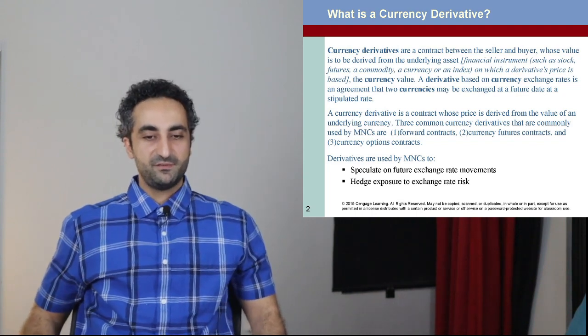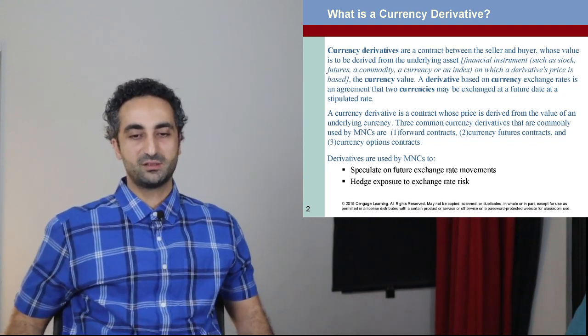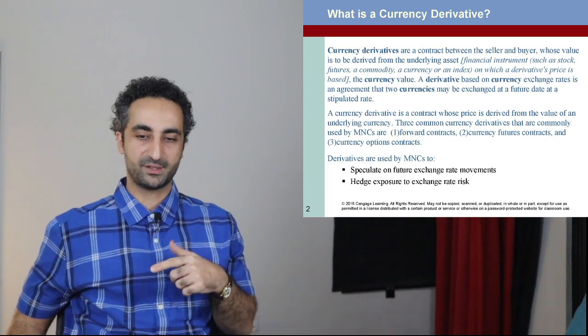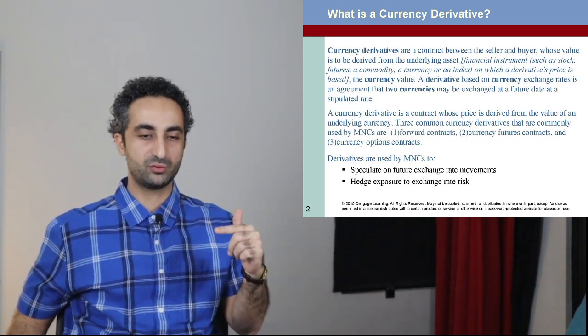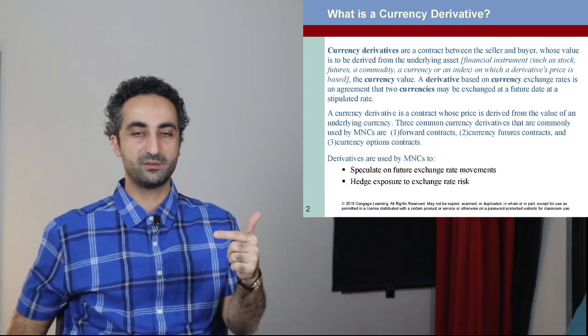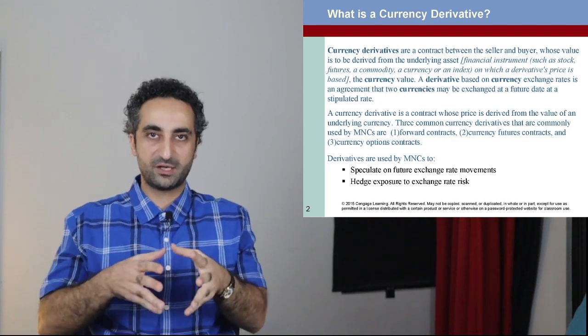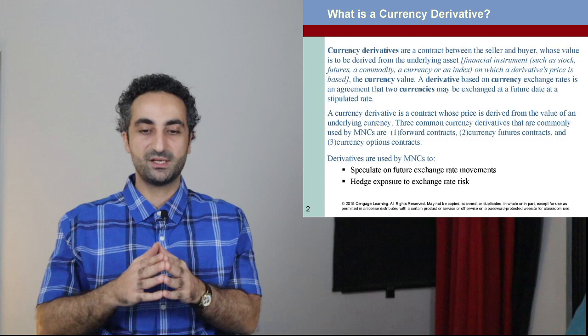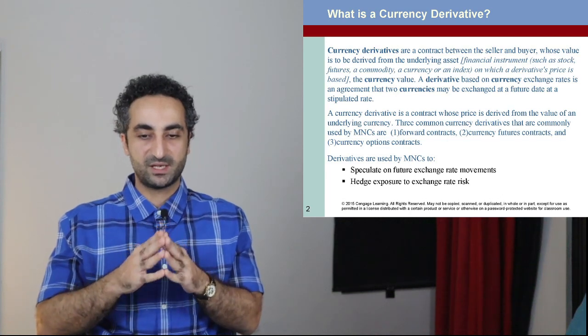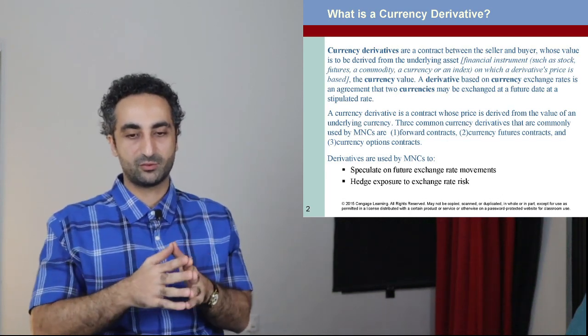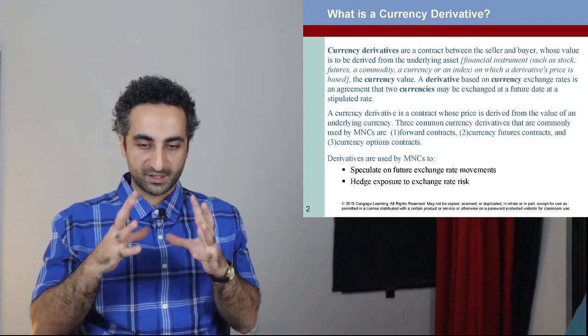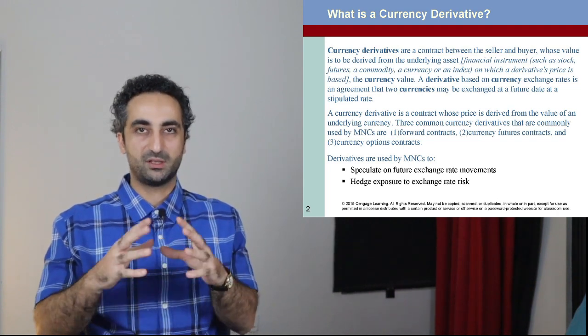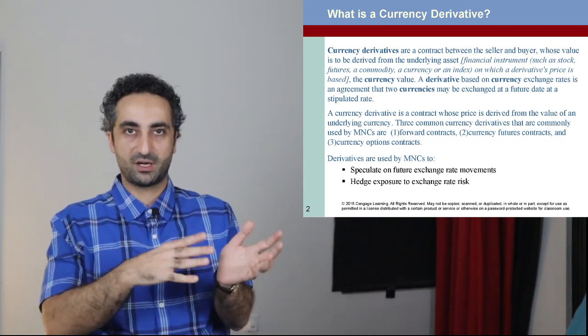Currency derivatives are contracts between seller and buyer whose value is to be derived from the underlying asset, not the value of it itself, but some other asset. In our case, it's basically a currency value. So it's a financial instrument, which is the currency here.